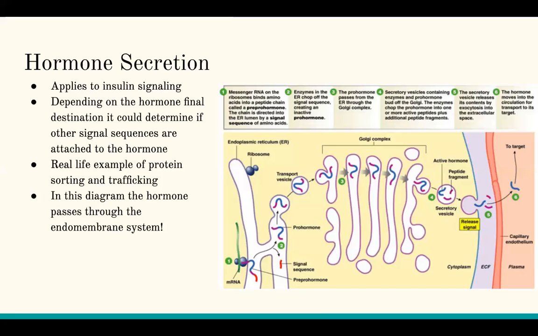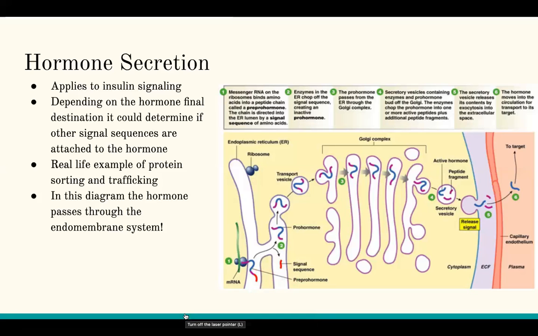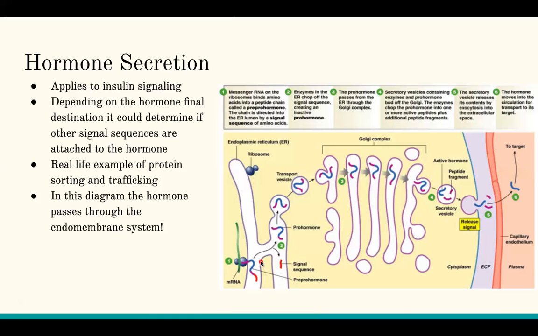Yeah, I wanted to add something. I don't know if the way I phrased it earlier was difficult to understand. But for ER trafficking, simultaneously, so at the same time as translation is happening, that protein is being pulled through into the ER, which is completely different from when we look at nuclear localization, because the protein at that point gets fully translated in the cytosol and then it's moved to the nucleus.